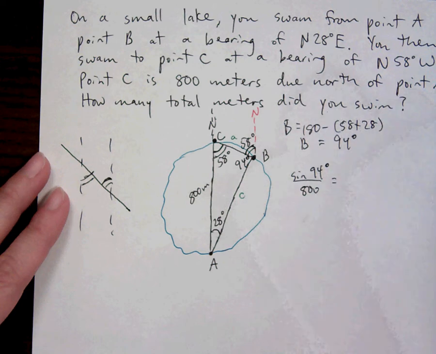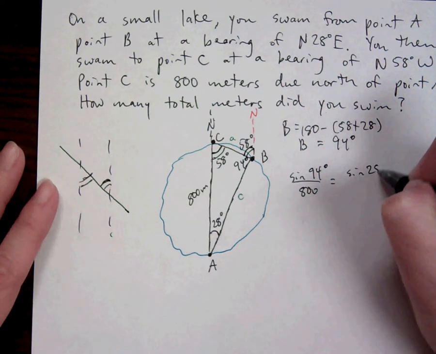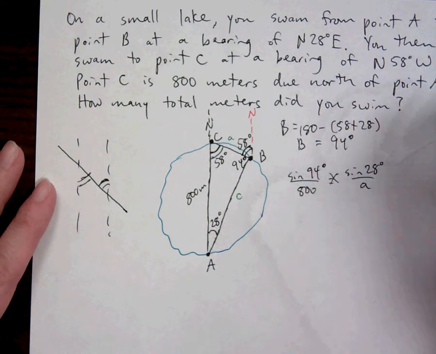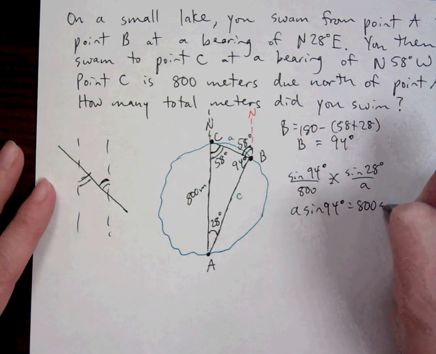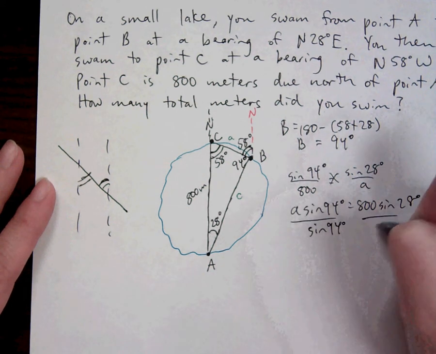There's the angle and side I know that are across from each other, and it doesn't matter which thing I solve for first here. So if I want to solve for A first, I'm going to do sine of 28 over A, and then I'm going to go ahead and cross multiply. So I'll have A times sine 94 equals 800 times sine 28, divide by sine of 94.